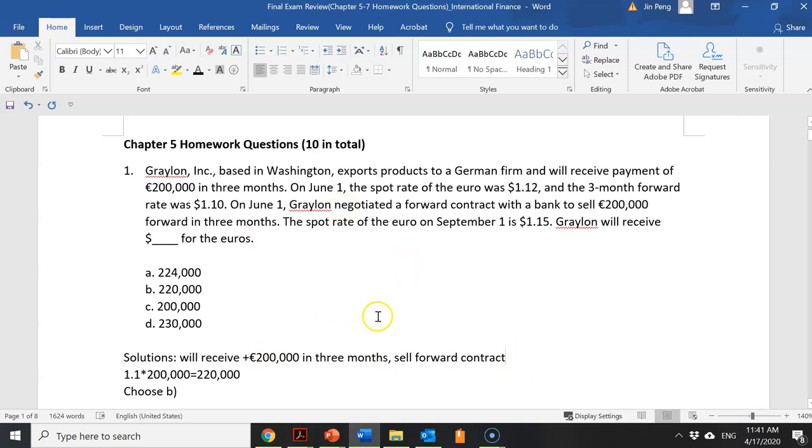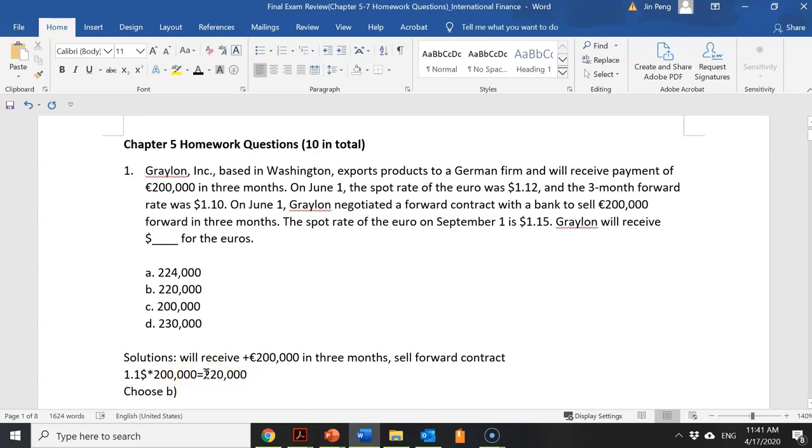Okay, so we can just use the 3-month forward contract rate, $1.1, multiplied by the euros we're going to receive, 200,000.